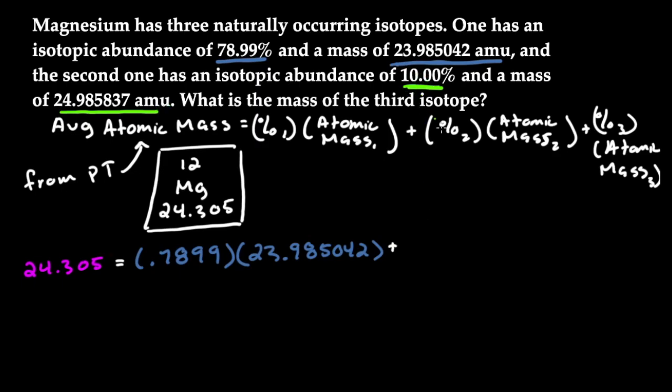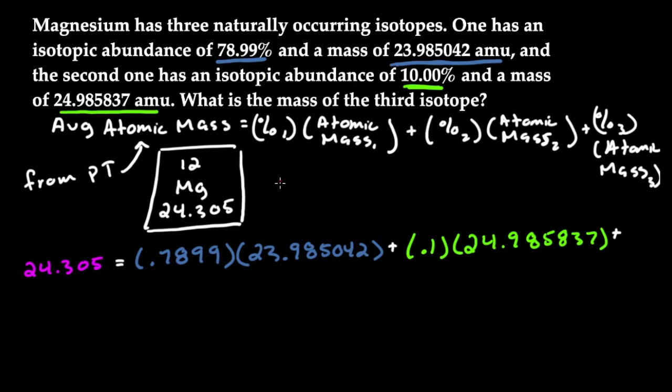So I'm going to convert that to a decimal. So that's going to be 0.1, and then we're going to multiply that by 24.985837, and then we're going to add that to the next one. Now we don't have the percentage for that next one, but we know there's three isotopes and we have two of them, and the percentages of all of them have to add up to 100%.